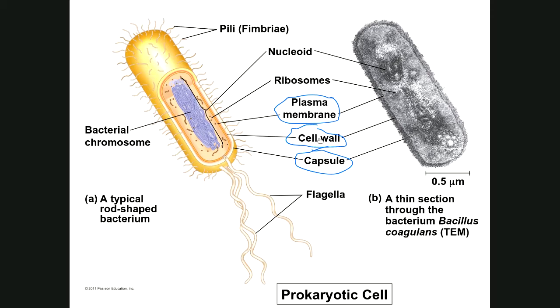For the cell wall, it depends on the type of prokaryotic living organism. However, at a minimum, the cell wall is made up of proteins and carbohydrates. Now, for some prokaryotes, in addition to proteins and carbohydrates, you will find phospholipids contributing to forming the cell wall.